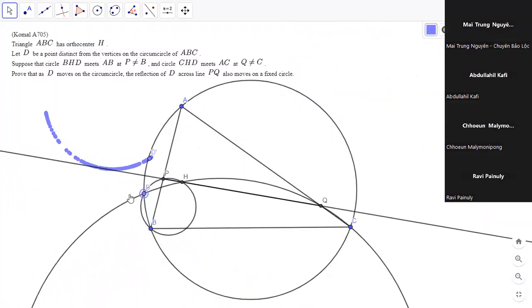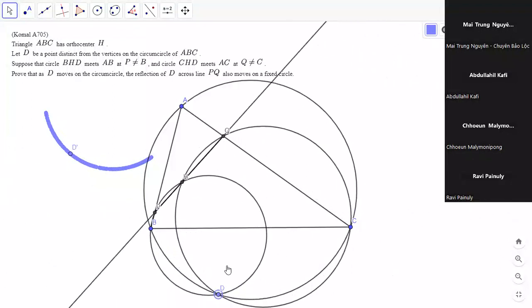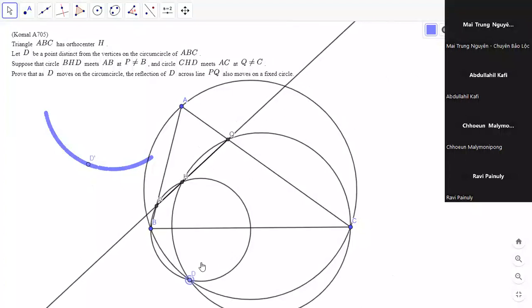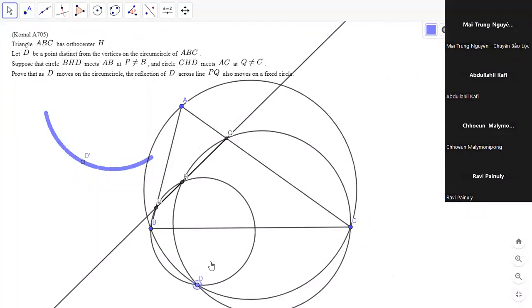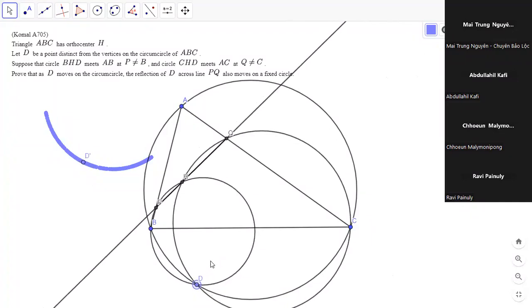Like, what is the center of it? Center would be like right here around.